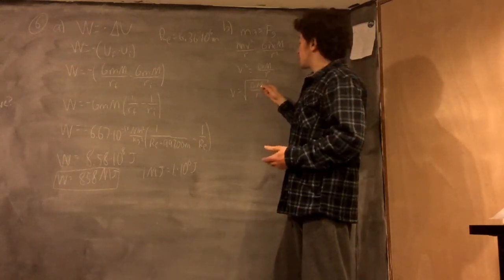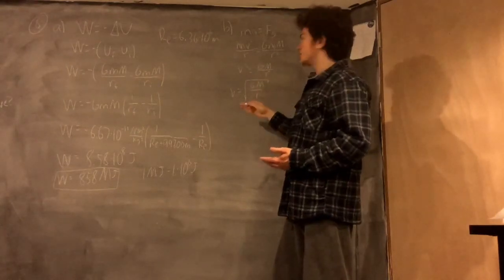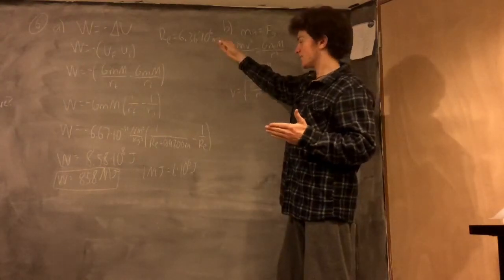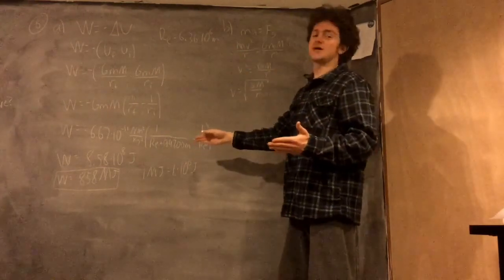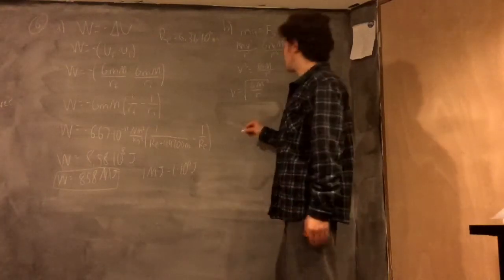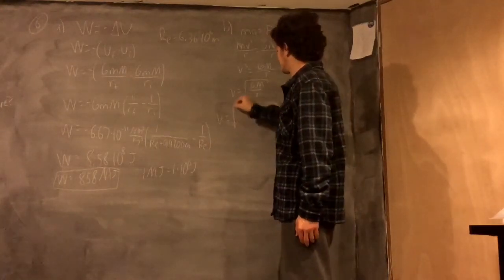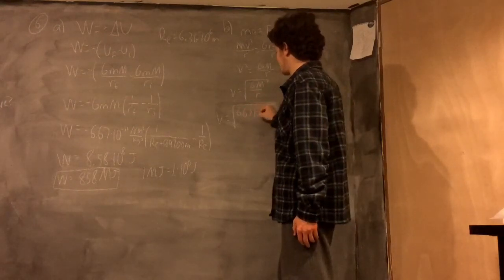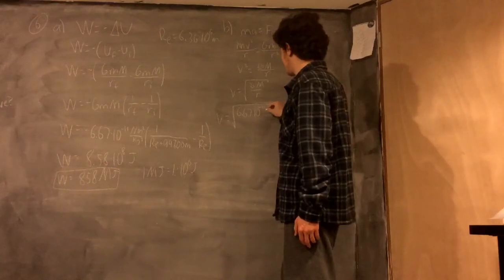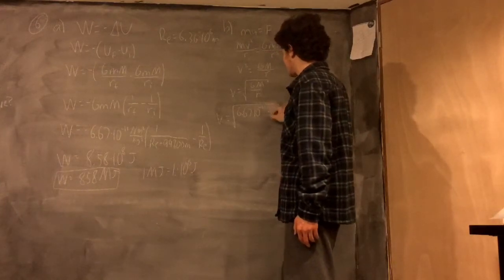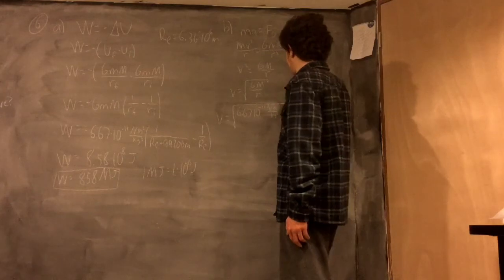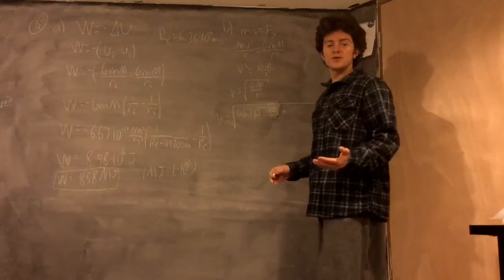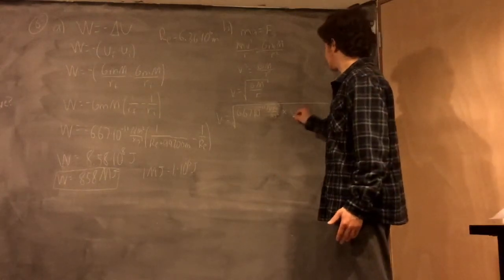And this big M here is the mass of the Earth, and this r here is going to be how far away the object is from the center of the Earth. So it's going to be the radius of the Earth plus the 997,000 meters. So now substituting in what we know, the velocity is equal to the square root of G, which is 6.67 times 10 to the negative 11 newton meters squared per kilogram squared, and the mass of the Earth is 5.97 times 10 to the 24 kilograms.